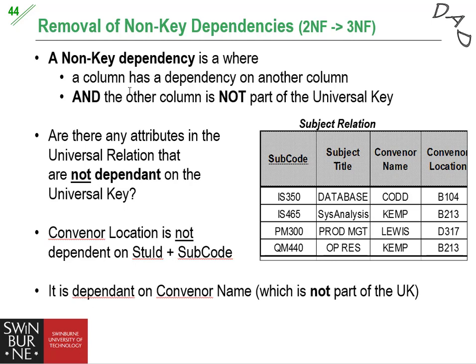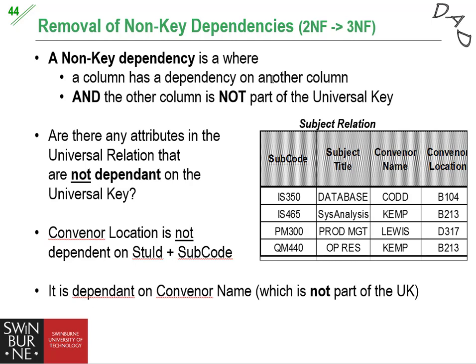We need to find out what are the non-key dependencies. Non-key dependencies is where a particular column has a dependency on another column, and that column is not part of the universal key or the primary key.